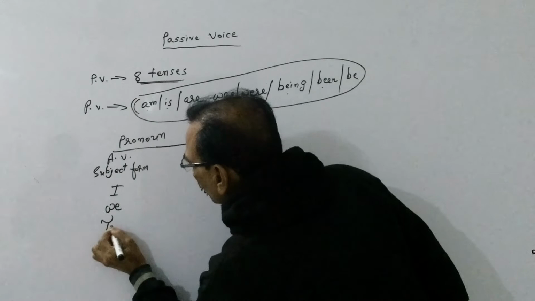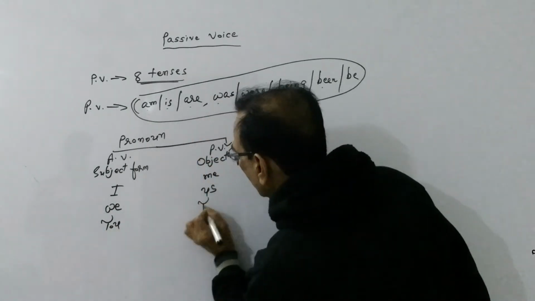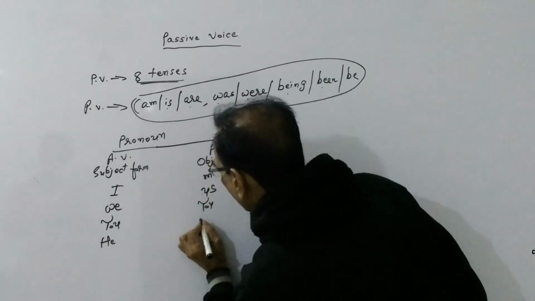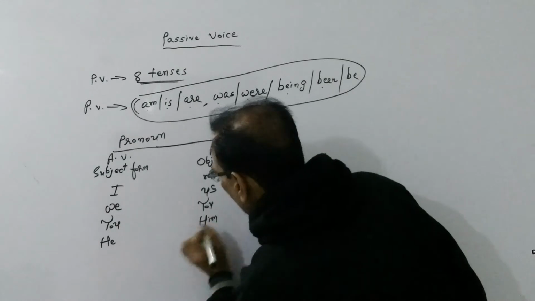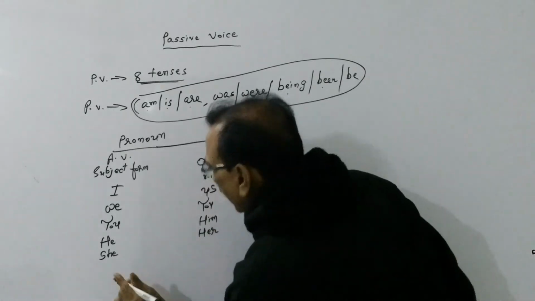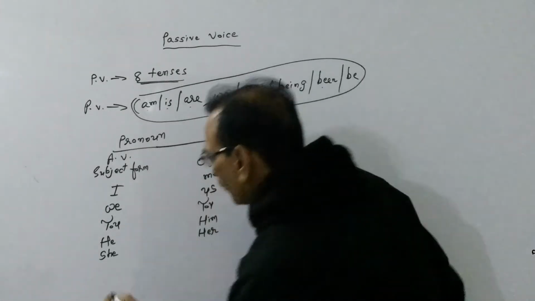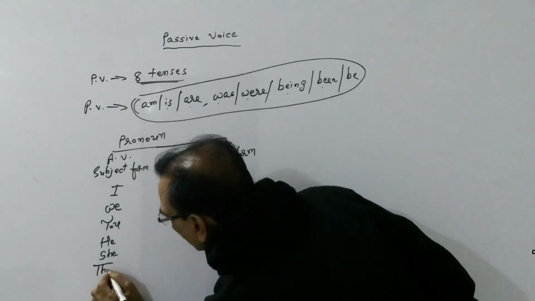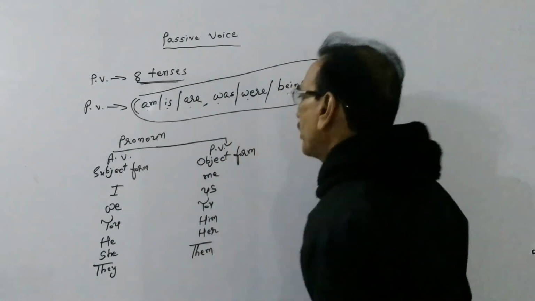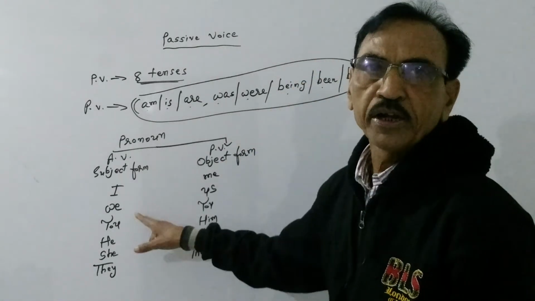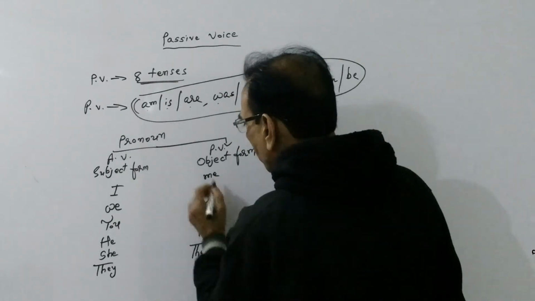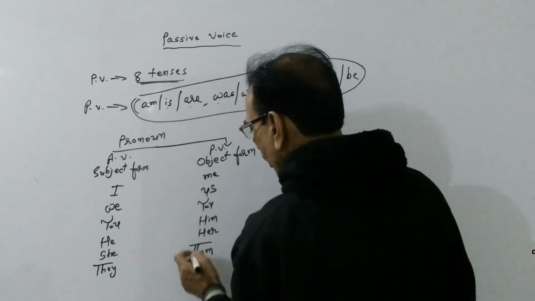You is there in active voice and passive voice, there is no change in this pronoun. He will be changed into him. She will be changed into her. It has no change. Now they is there in active voice in subject form, it will be changed to them. So this is a very important thing while changing the sentence from active to passive, and we generally write by before this change. By me, by us, by you, by him, by her and by them.